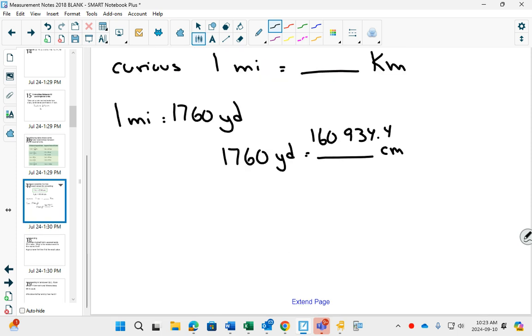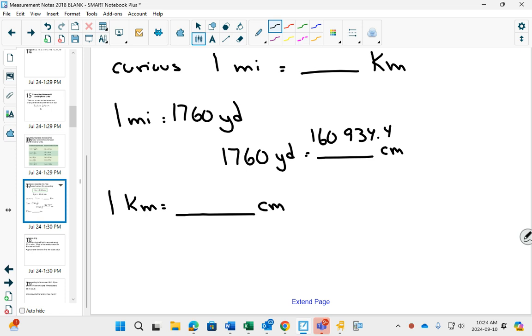Now I know that 1 kilometer is how many centimeters? And I think sometimes in this one, like remember last time we did it, we counted up how many zeros and then figured out the number.